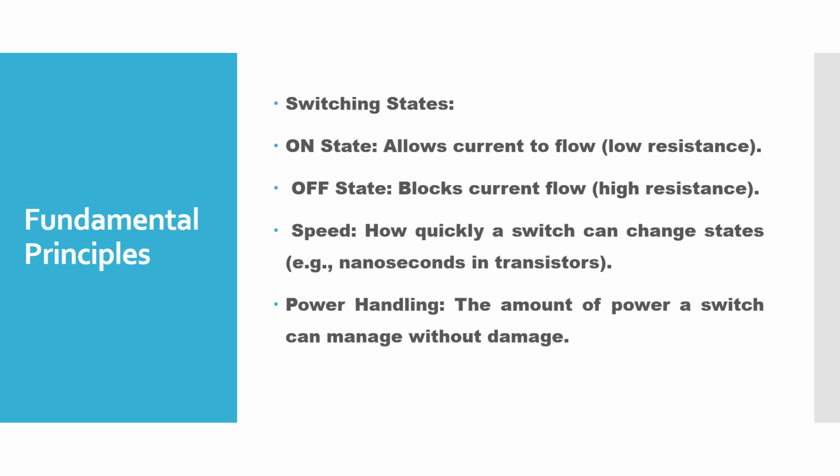Power handling is the amount of power a switch can manage without damage. Like I said earlier, we need to know the load we are trying to control to determine the type of electronic switching. Those are key things we need to consider in selecting our electronic switching.